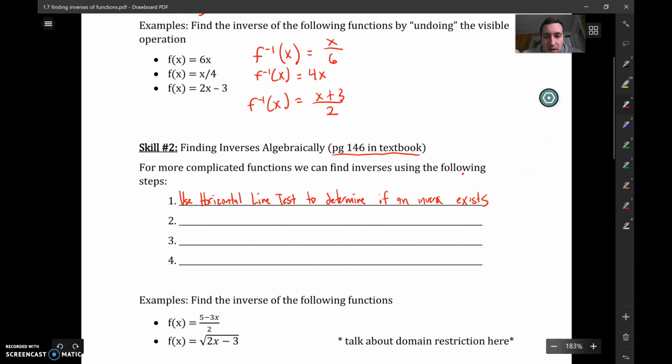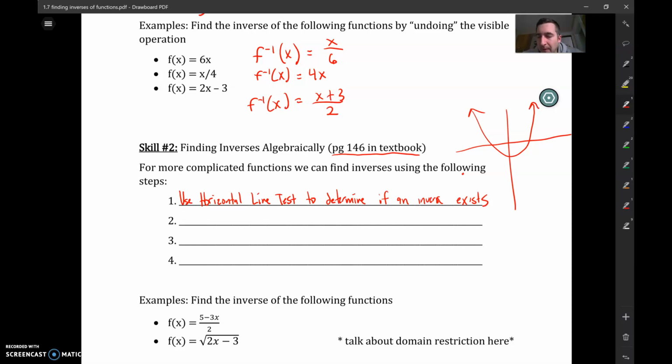If you have a graph like this one, we know what that guy is. It's a parabola. If you slice it through with a horizontal line and it hits more than one point, then this fails the horizontal line test, and this graph does not have an inverse.